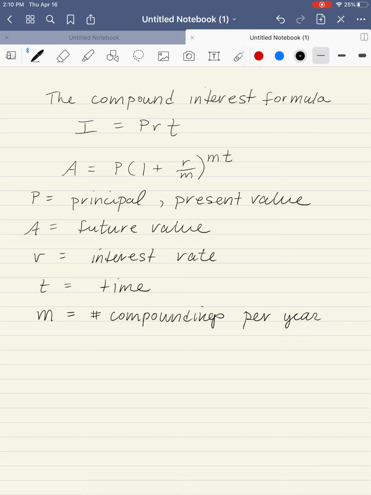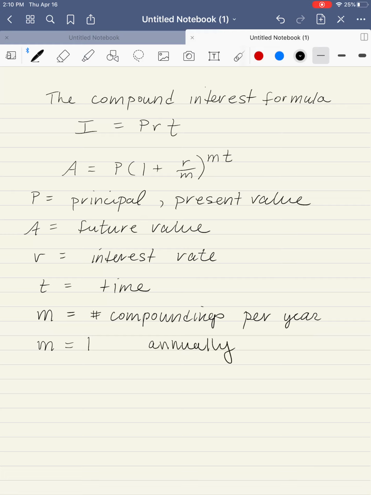So that interest is constantly being added back into the principal, and it's growing a little bit faster than if it were just being compounded one time a year. So M is the number of compoundings per year, and it doesn't matter how long the T is, those are separate variables. The M is the number per year.